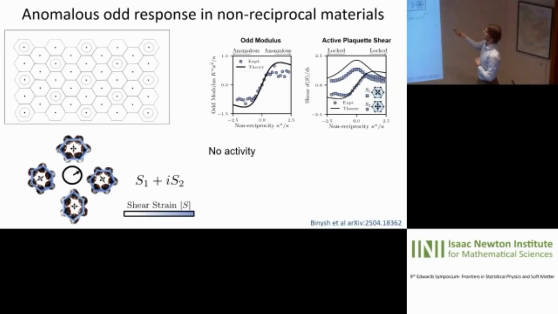It also means that if you look at the spatial distribution of these shears, you will only get the shear 1 here, which is the one you've applied. That's the simple shear, and no shear 2, which is the orthogonal one, which would be coupled by these active numbers.